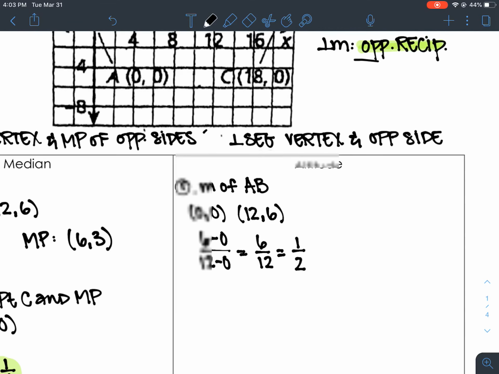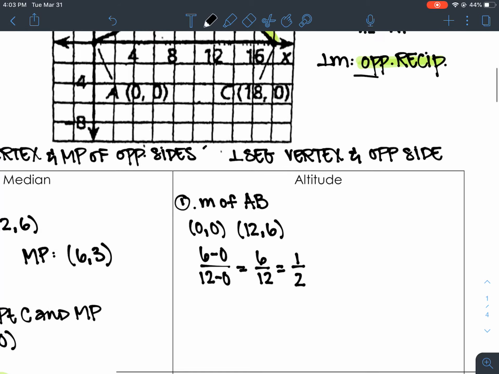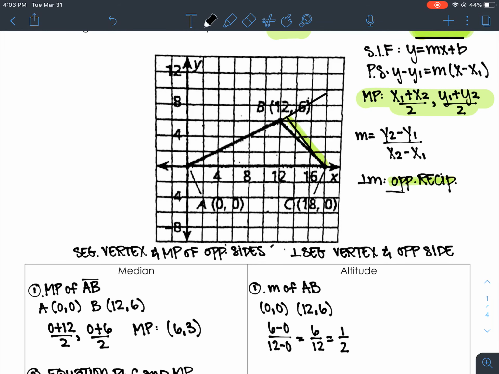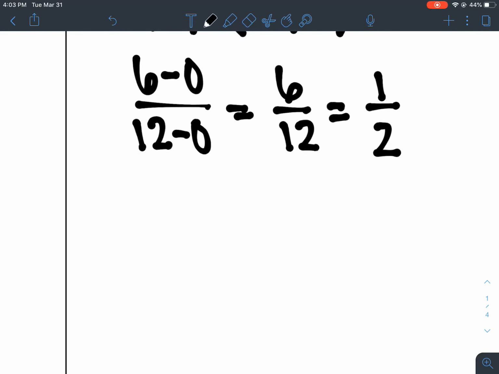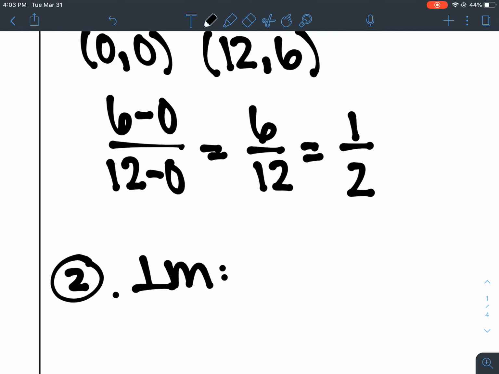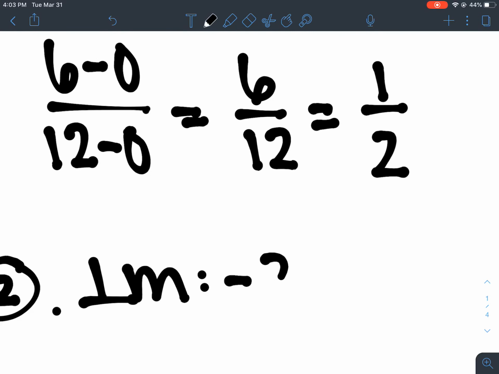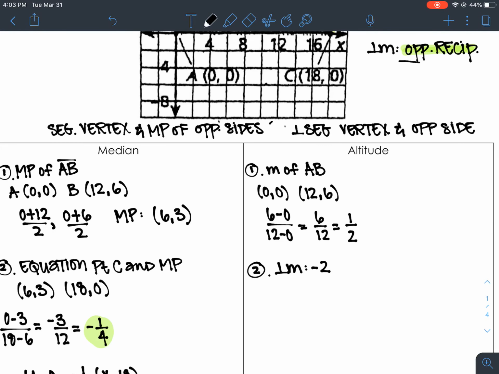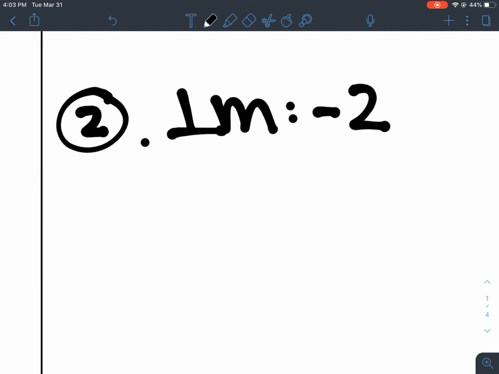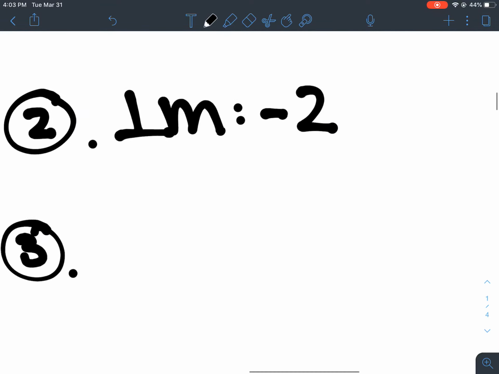Now, I don't want that slope because that's the slope of AB. What I want is the perpendicular slope. So if we remember, my step 2, my perpendicular slope to AB is going to be the opposite reciprocal of that, which is going to be -2. So that's going to be the slope of our altitude. Now we need to write the equation of the altitude.